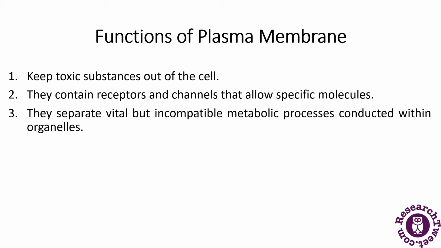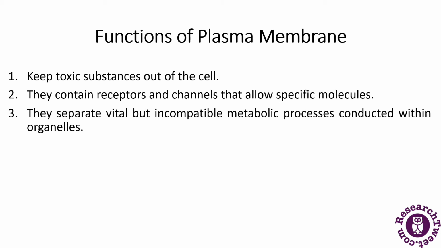So these are the important functions, but if we take other examples as well, what are the other functions of the plasma membrane? First of all, it will protect the integrity of the interior of the cell. They will support and maintain the shape of the cell, as we have discussed earlier. It helps in regulating cell growth through the balance of endocytosis and exocytosis.